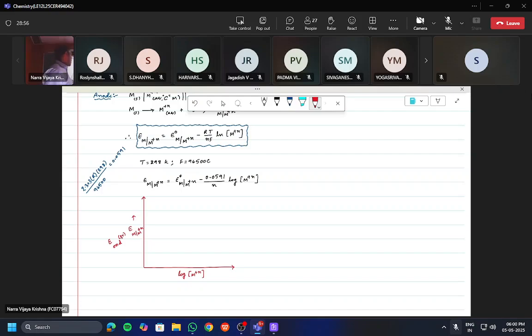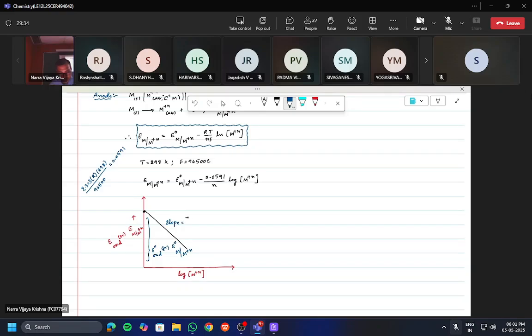So how will the graph be? This versus this. Slope must be negative. Intercept is positive. What is this intercept value? E naught oxidation, or E naught of M to M plus n. And what about the slope?